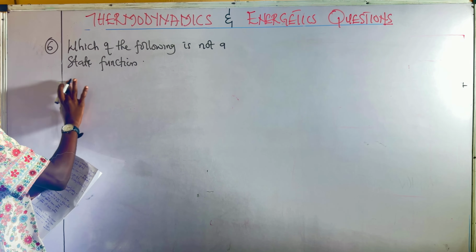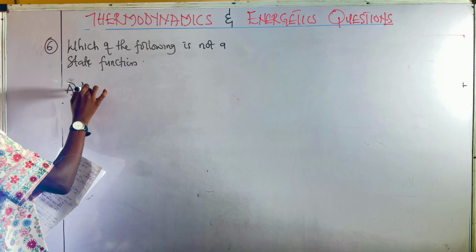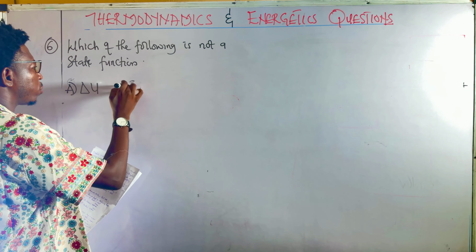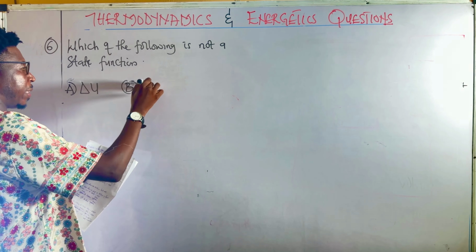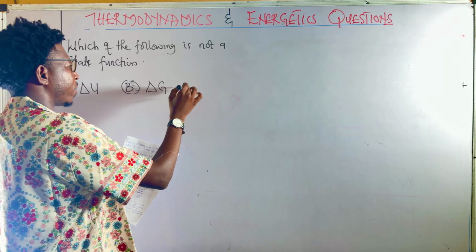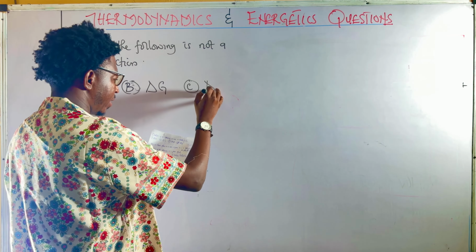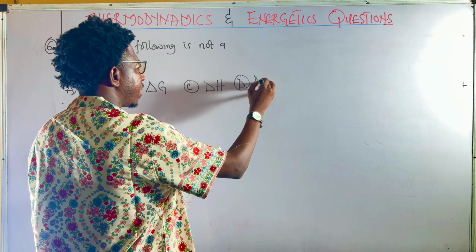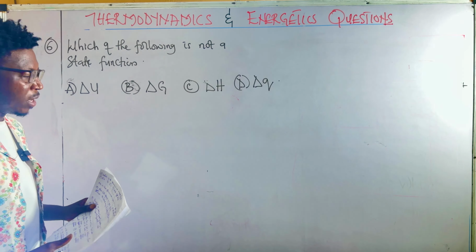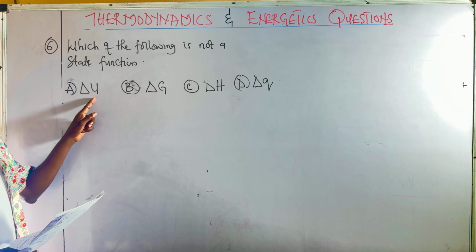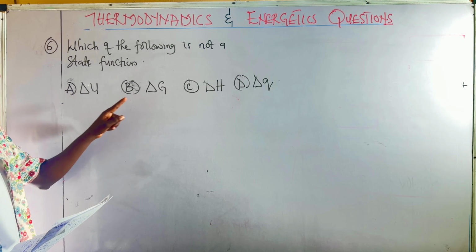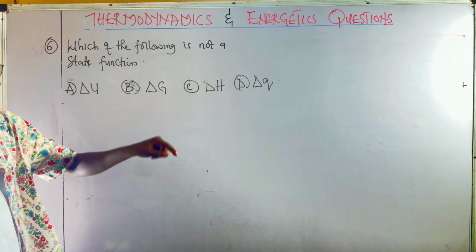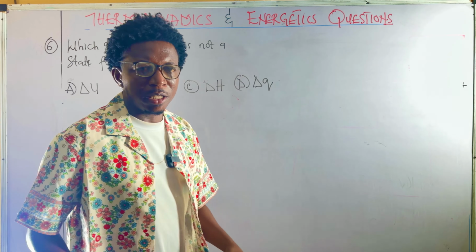Option A, delta U. Option B, delta G. Option C, delta H. Option D, delta Q. I've told you before that U stands for internal energy, G stands for Gibbs or free energy, H is enthalpy, Q is heat.